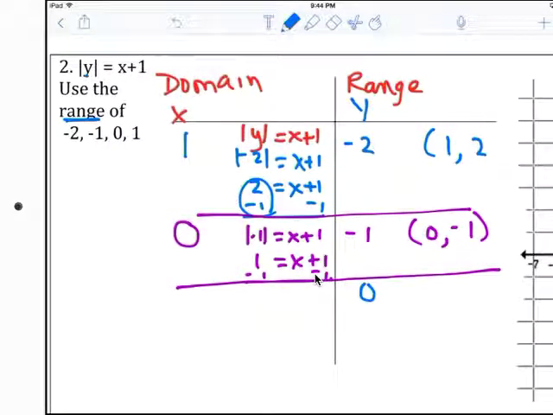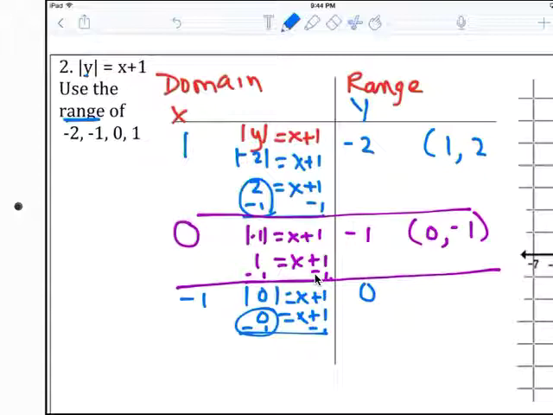Next, 0. The absolute value of 0 equals x plus 1. 0 equals x plus 1, minus 1 minus 1. So x is -1 right here. So -1, 0.